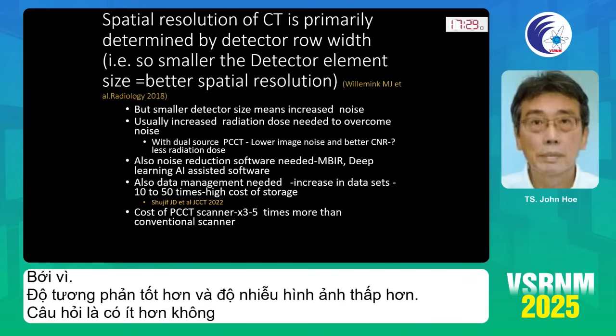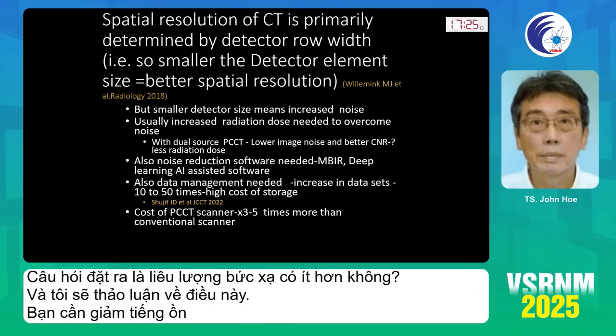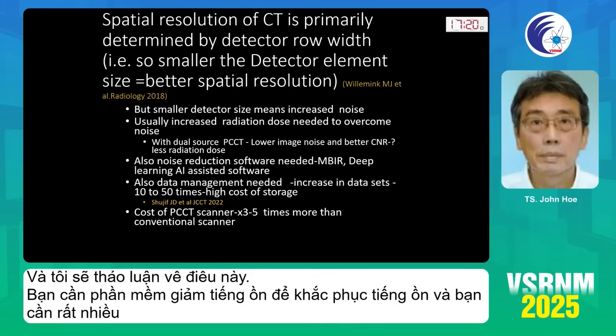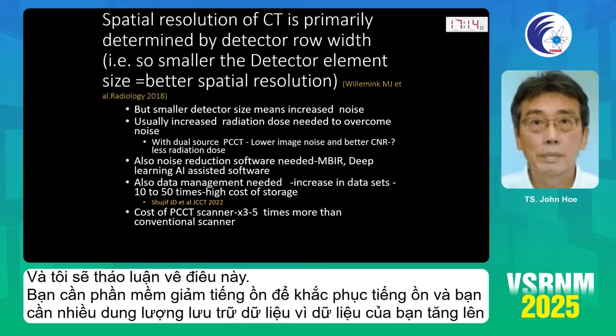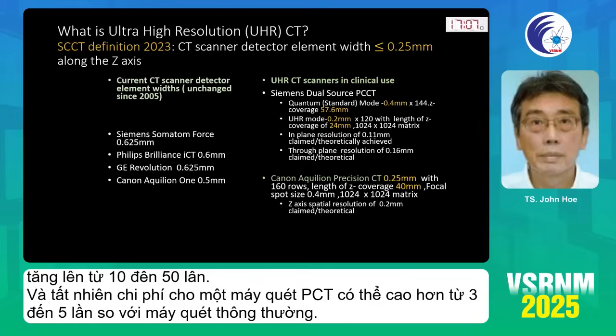And I will discuss this. Also, you need noise reduction software to overcome the noise, and you need a lot of data storage because there's an increase in your data of 10 to 50 times. And of course, the cost of a PC-CT scanner can be 3 to 5 times more than a normal scanner.